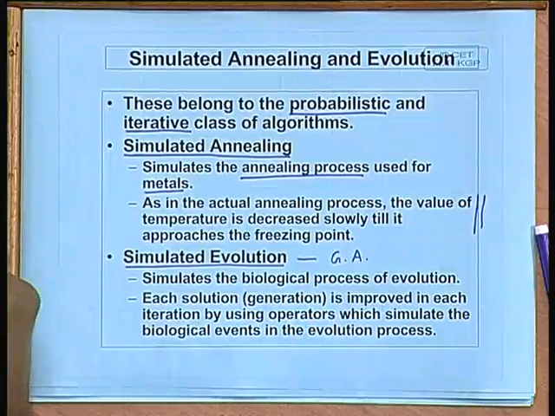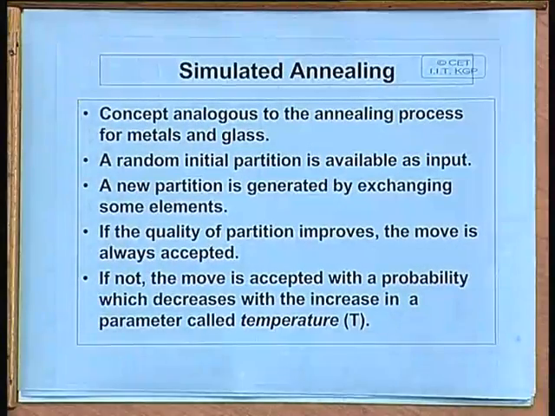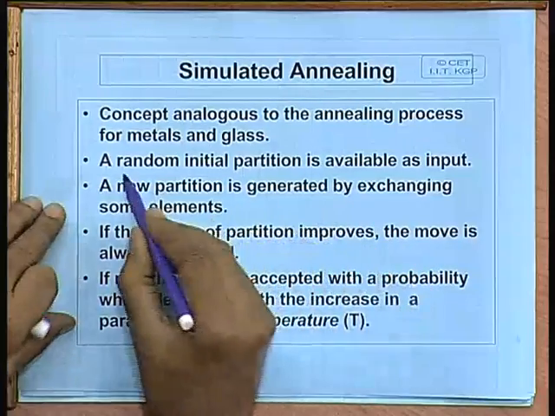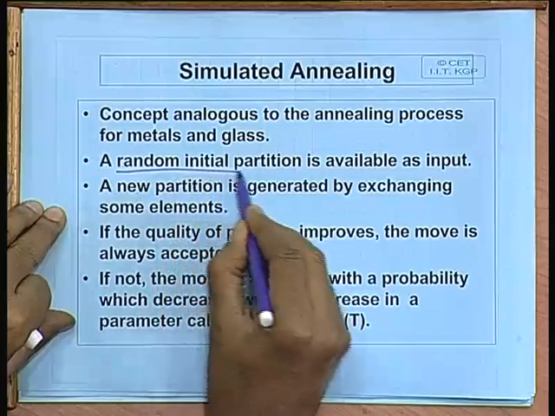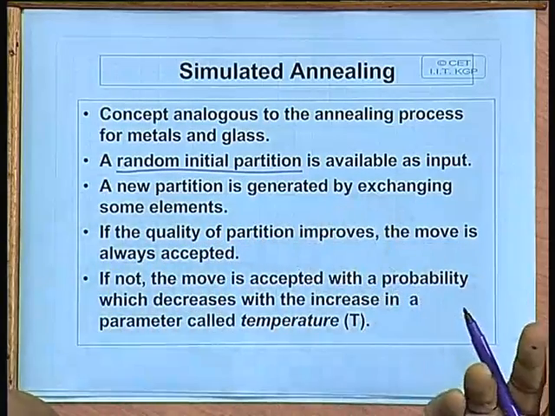So, let us see what this simulated annealing looks like. Simulated evolution we will be looking at later. Here we are talking with respect to our problem domain, the domain of circuit partitioning. To start with, we have a random initial partition. This can be generated randomly.